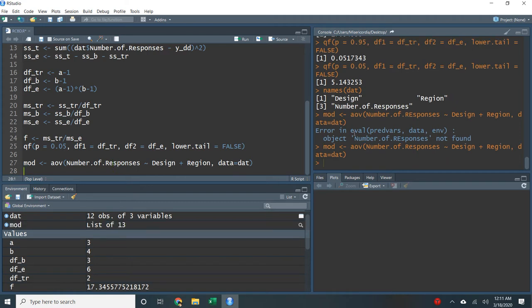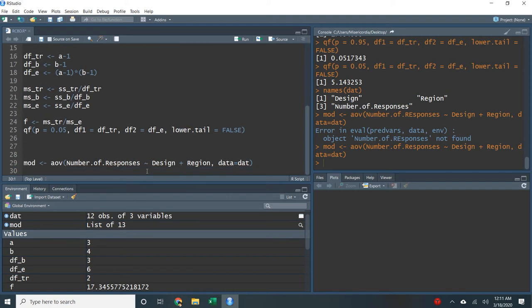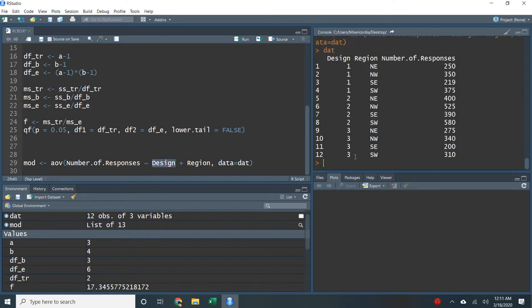So number of responses. Now the first thing that I would normally do is I would run my assumptions checks, and this is very important, but right now I'm kind of worried about my degrees of freedom, specifically because design, if I look at my data, design's being read in as a number, and I know sometimes R has trouble with that. In fact, I might just go ahead right now and use as.factor for design so that I don't run into issues.